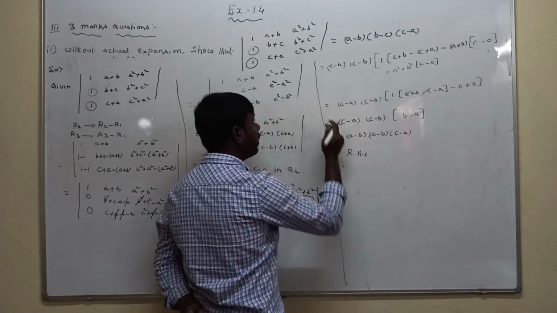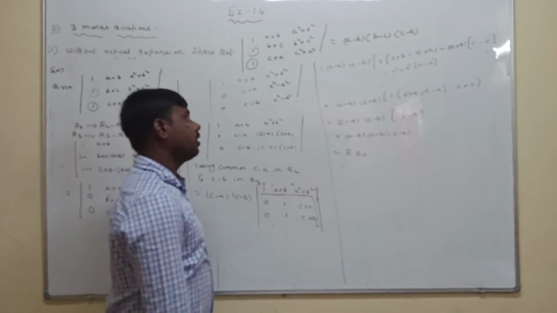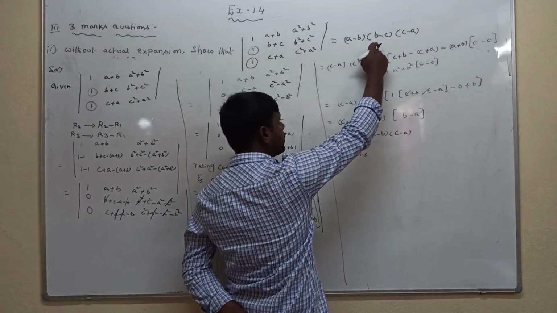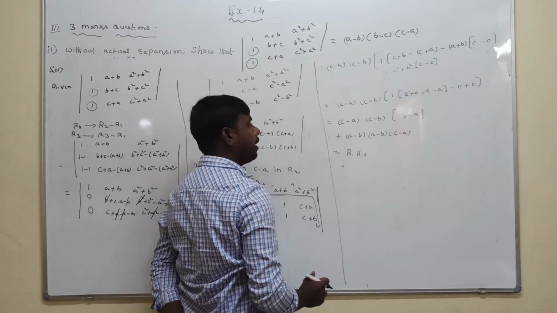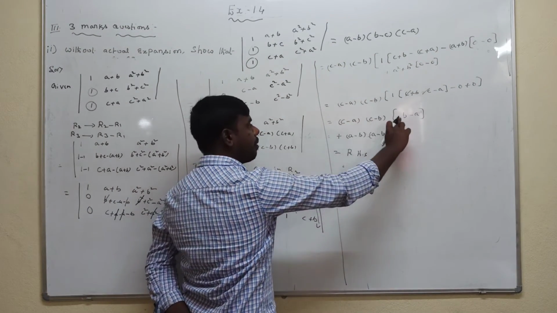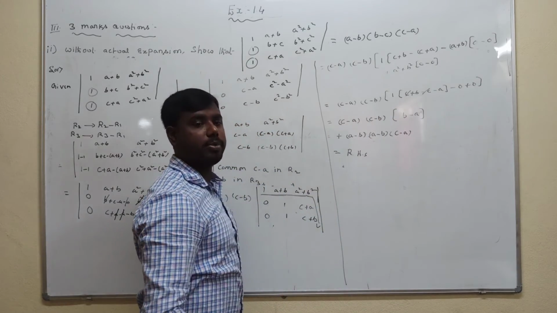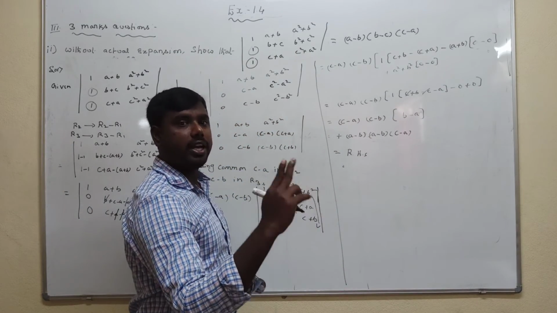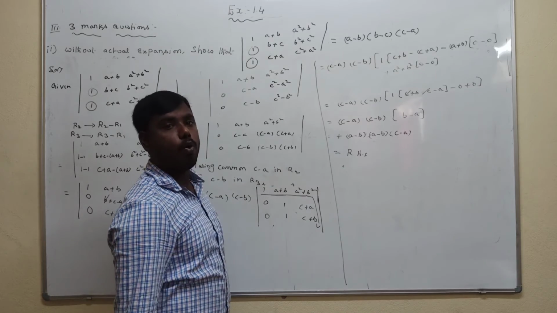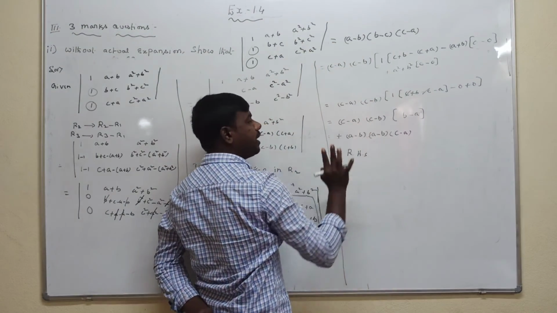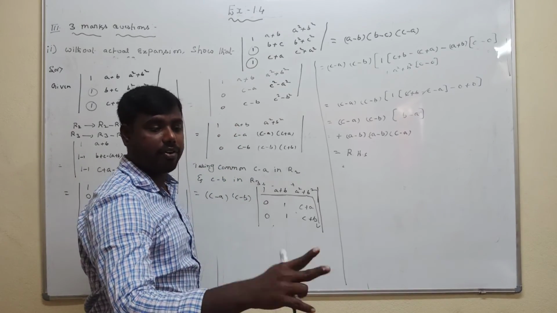Dear students, according to the given question, left hand side to prove that a minus b into b minus c into c minus a. But in this one, if you want a minus b, but here what is there? b minus a, reverse will be there. That's why negative symbol taking common outside. After that, here b minus c is there, but here what is there? c minus b is there, reverse will be there.